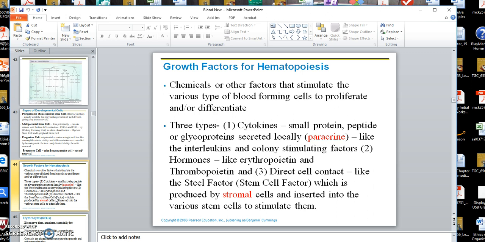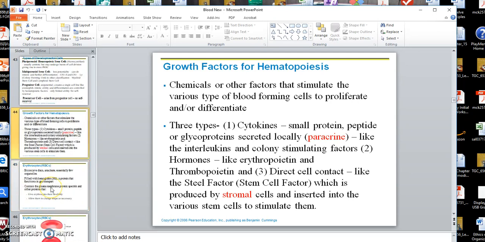So in order to keep the blood counts in normal range, these growth factors come in along with hormones to keep the blood in normal range. One of the major growth factors, one of the major hormones we'll talk about is erythropoietin, which is the main hormone that stimulates red blood cells. Thrombopoietin is big in the stimulation and formation of platelets.